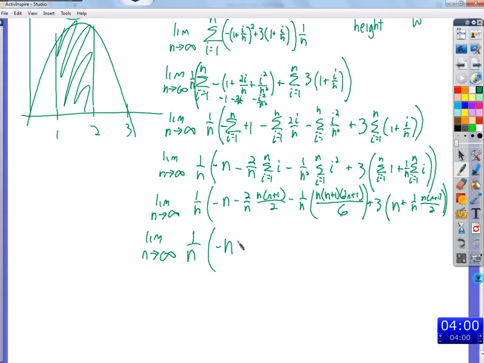Negative n minus, well, this n and this n can cancel each other out. This 2 and this 2 can cancel each other out. So we can just do n plus 1. That's nice. Minus, okay, this n and this n can cancel each other out, so that's nice. So we get n plus 1 times 2n plus 1 over 6 plus, okay, we'll just leave the 3 out here for a second. n can cancel with n, we get n plus 1 over 2.